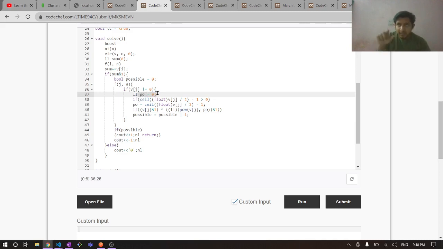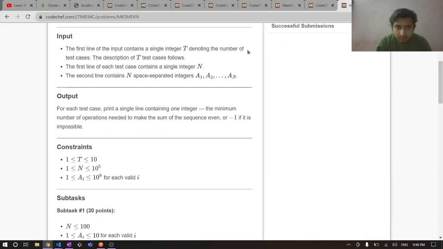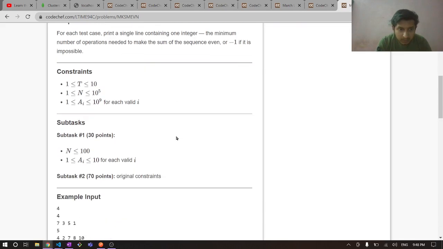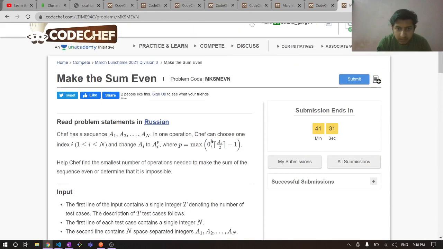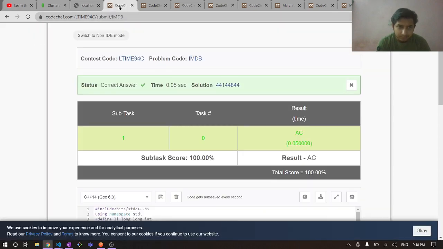calculate. Okay, so what I will do, I'll have this PO simply. Okay, the power that I should show you, actually I'll store this whole term in P. Okay, so instead of taking P I took PO.